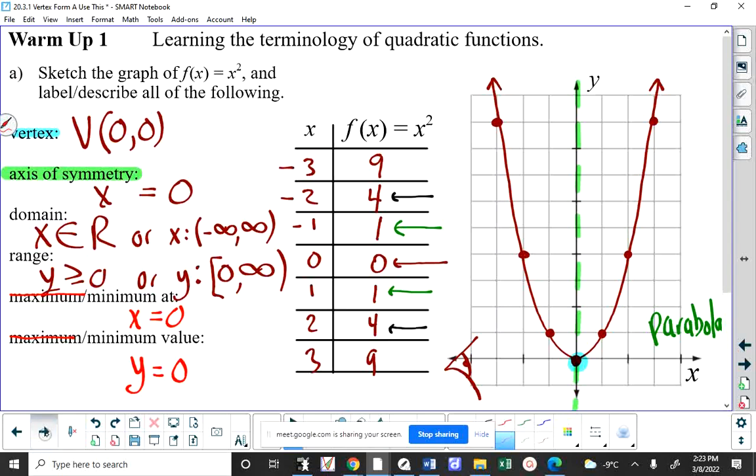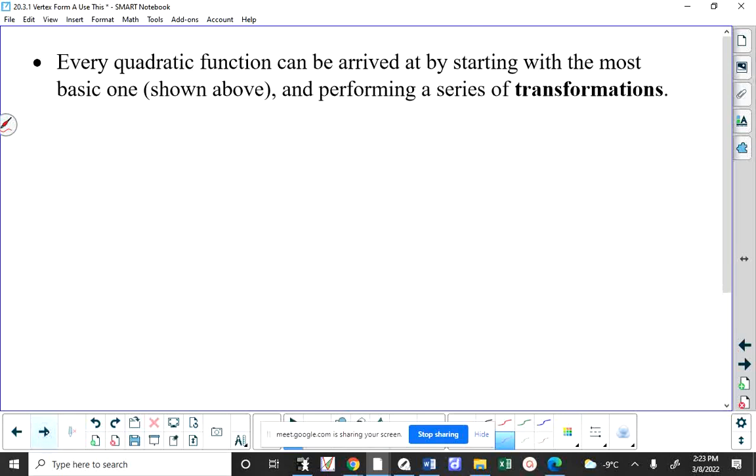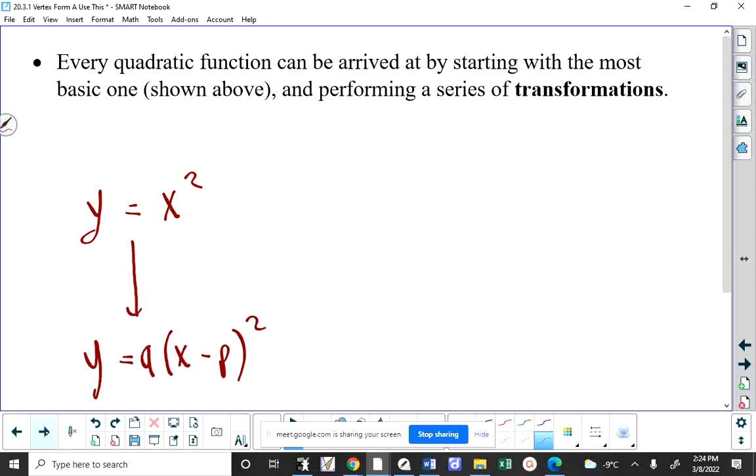All right. So now we're going to go through a series of warm-ups to figure out what those three parameters do to y equals x squared. To begin with, I'm going to back up here just a bit and say that when we go from y equals x squared to y equals a times (x minus p) quantity squared plus q, these three parameters change the graph of y equals x squared.